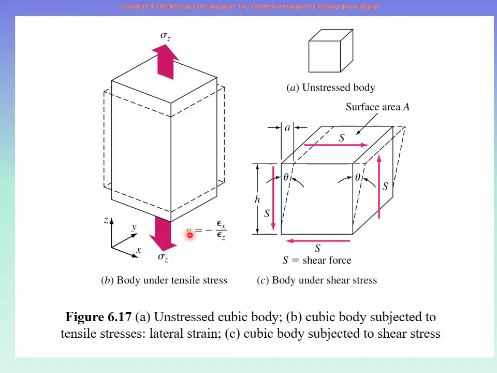Its symbol is nu, and it is equal to minus epsilon x upon epsilon z, or minus epsilon y upon epsilon z. We are not worried about this one for now. So this is Poisson's ratio, and it is a huge thing that now, without actual measurement, you can find the strains in the other two directions.